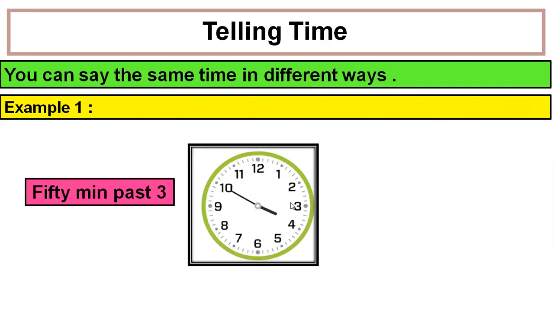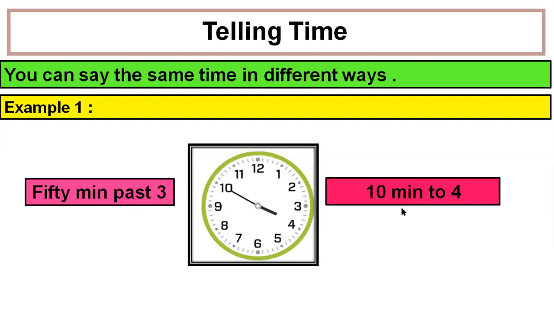So 50 minutes after 3. The shorthand is after 3. So 50 minutes past 3. Or we can tell how many minutes are left until this time is exactly 4. We still have 5, 10 minutes. So 10 minutes to reach 4. So it's 10 minutes to 4.